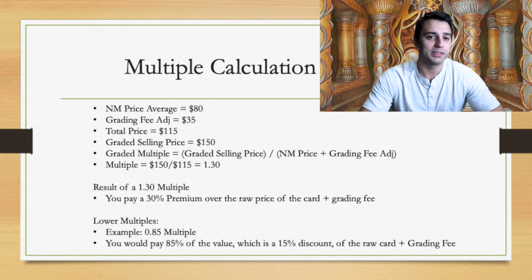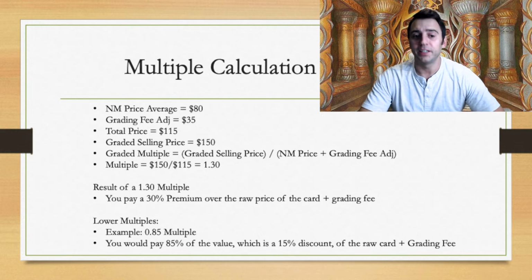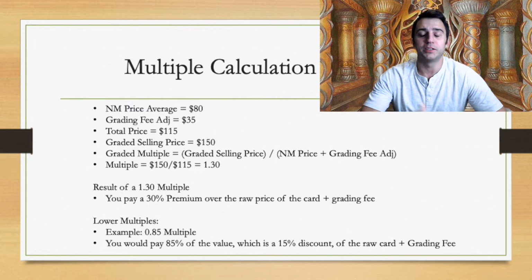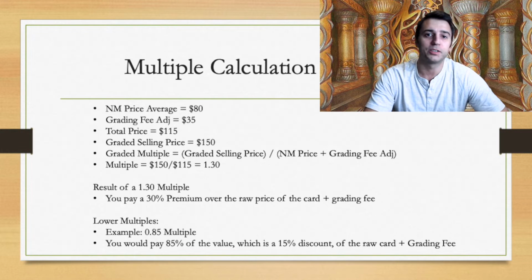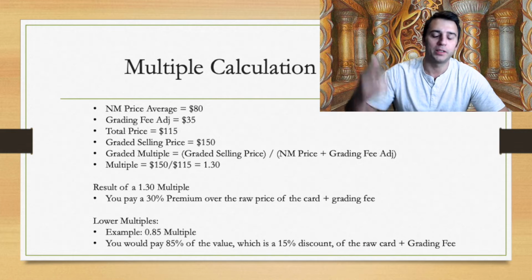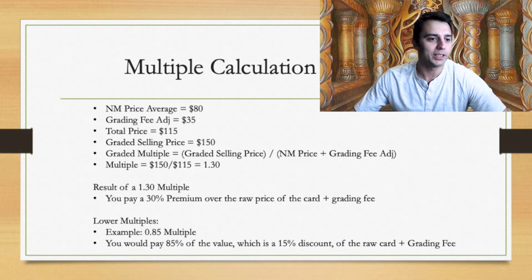Now, what that means is that if you had a card that sold for $150 and that card originally was $80 for a near mint average, add 35 for the grading fee, 150 divided by 115 is a 30% premium. You pay a 30% premium for that card. Okay, that is the multiple calculation example.